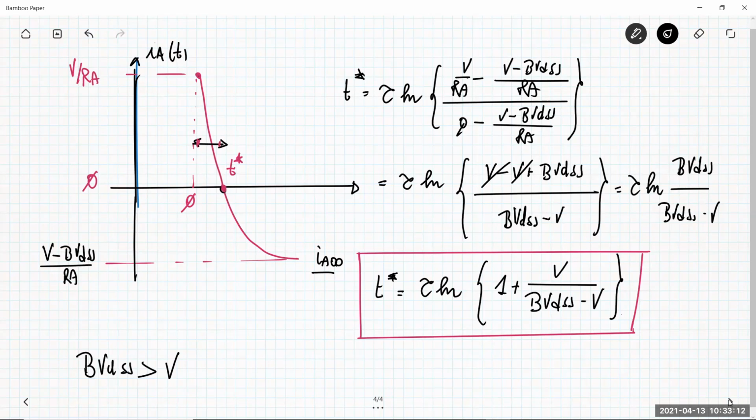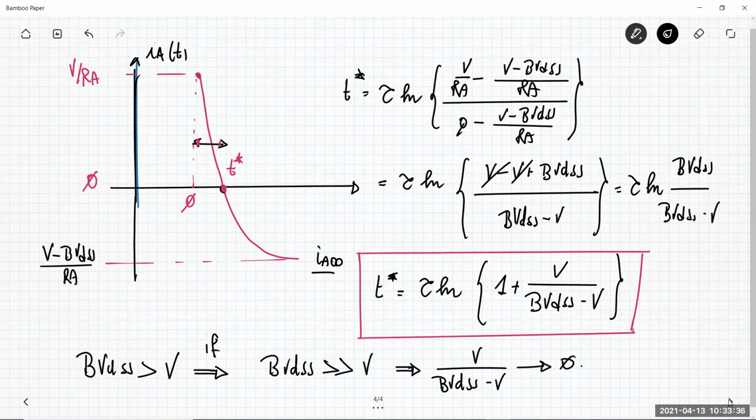So suppose just for an instant that I choose BVDSS much larger than V. Okay, if I have this hypothesis, what happens is that V over BVDSS minus V is very small, going to 0.